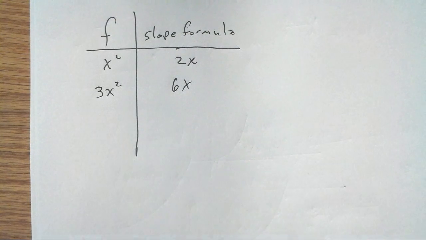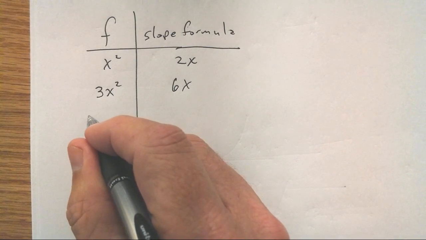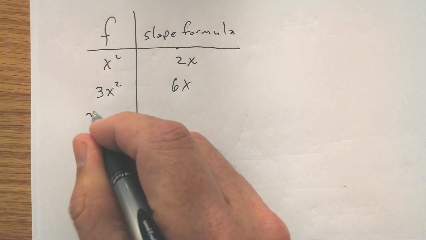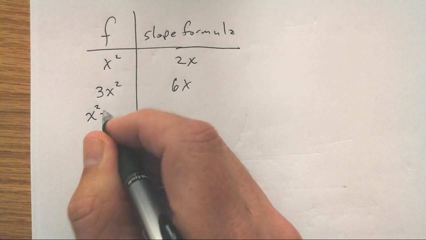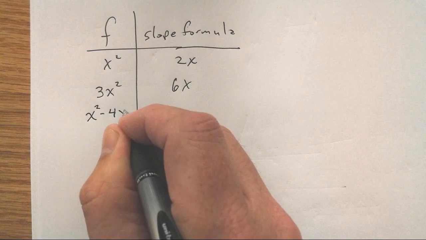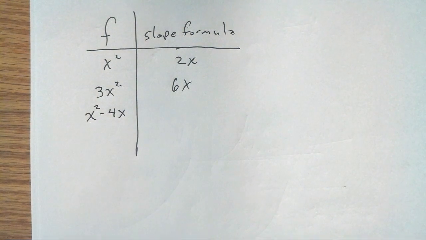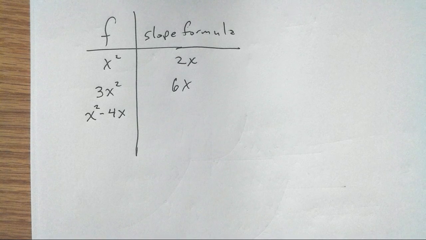About half of you, great. How about a prediction for x squared minus 4x? Might be less on this, but I think we're going to get some people to get their prediction right. I'll give you 30 seconds.